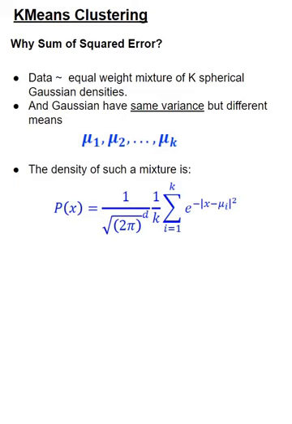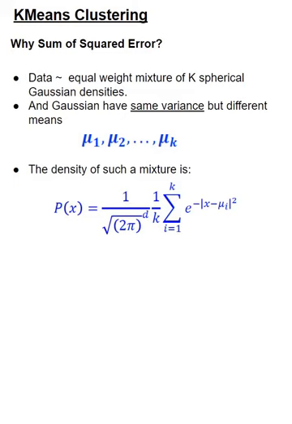by square root of 2 pi into 1 by k times the sum of exponential powered x minus mu i. That is done for each of the k different mixtures that are within the density.